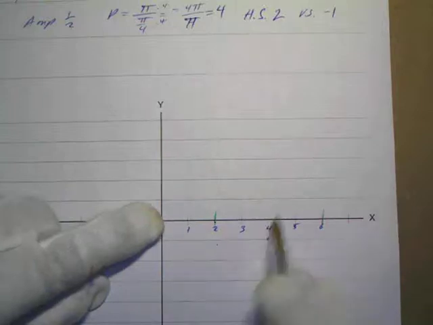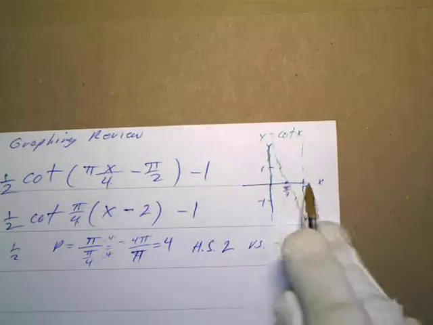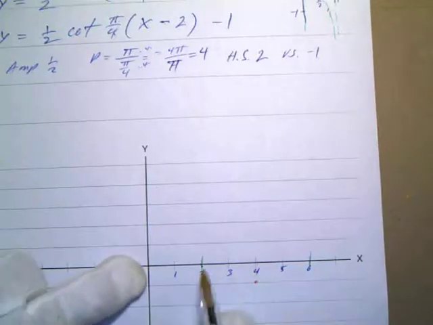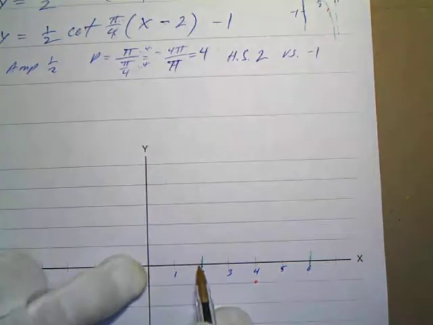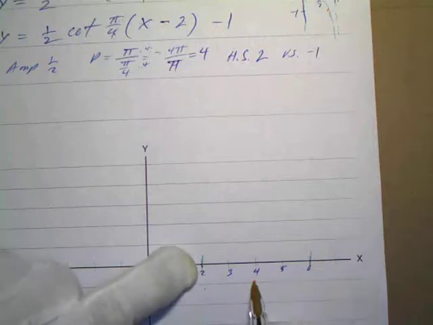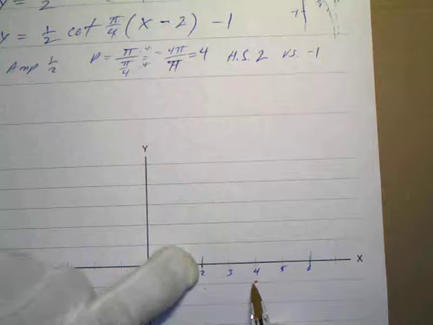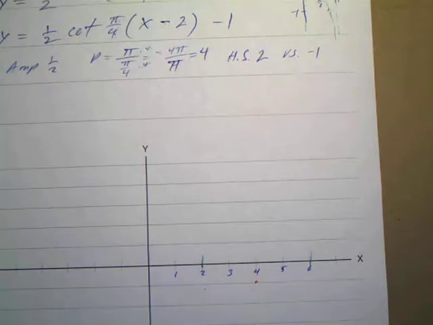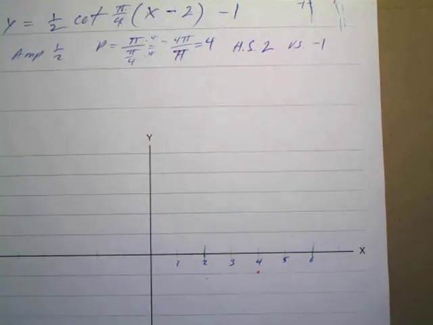But if it's like this, it's the same as this. This is the period. The 0 is right in the center. But everything's shifted over 2 to the right and down 1. So that gives me my asymptotes and my period and my vertical shift. All right? So I just have to deal with the amplitude. So put the asymptotes in.